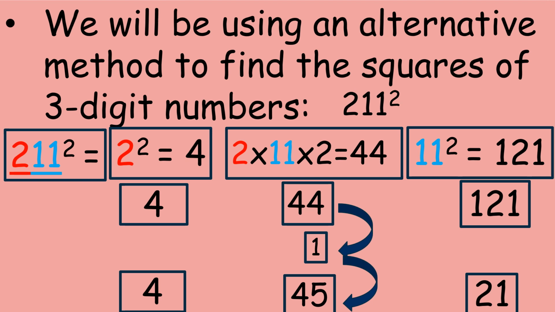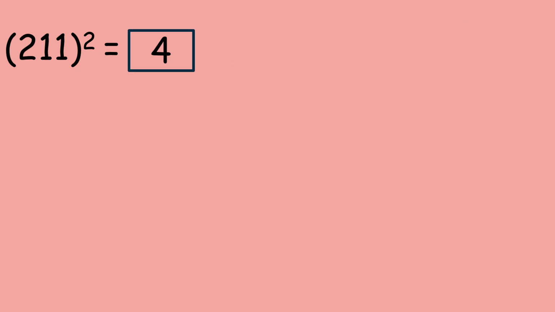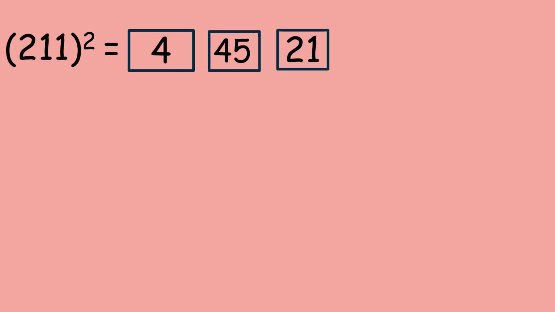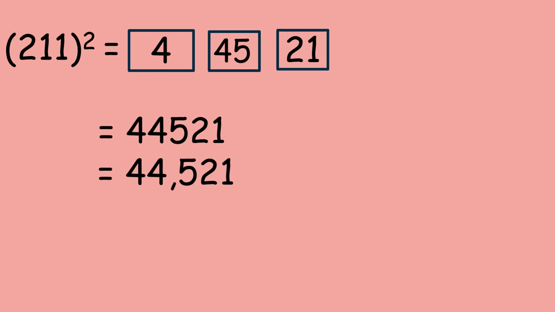And the last term has 2 digits, 21. So that's simply our answer. We bring together the figures from each of the terms, and that gives us the square. So the square of 211 is equal to 44,521.